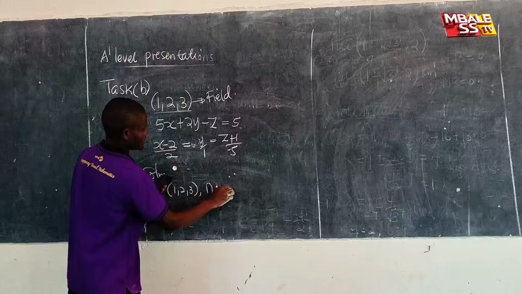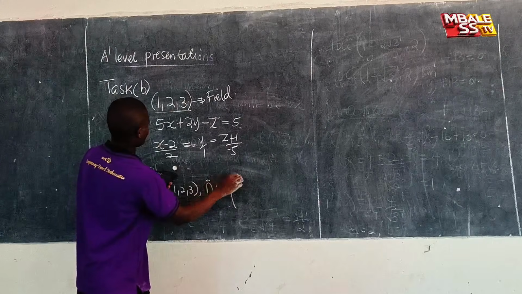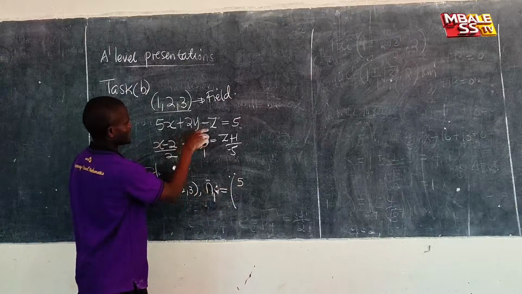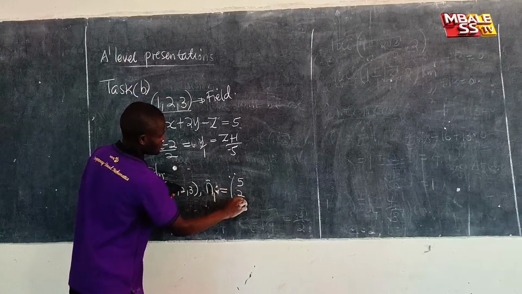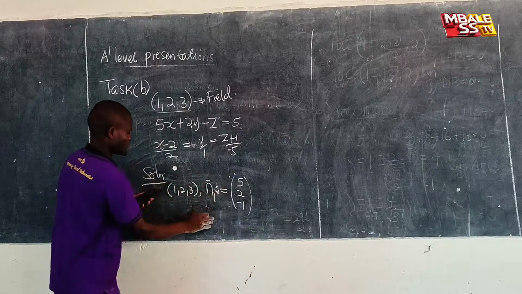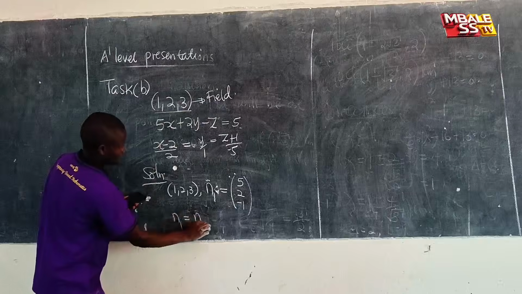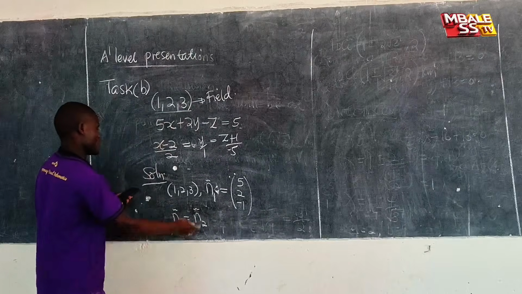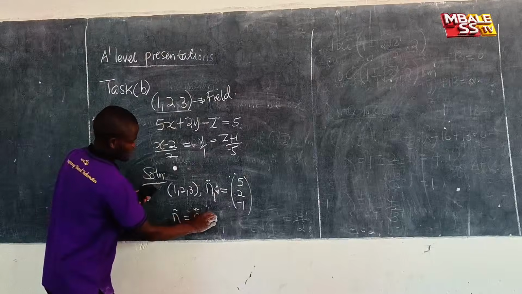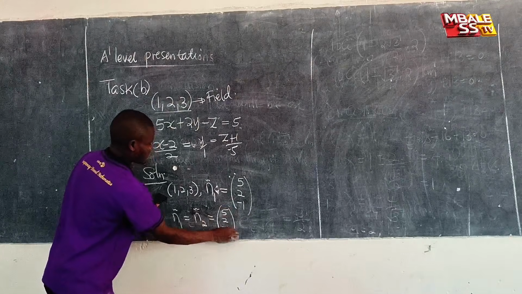So if n1 is the normal vector identified from the alternative plane, that will be the coefficients of x, y, and z. So that is 5, 2, negative 1. For parallel planes, their norms are equal, so n1 is equal to n2, meaning this one still shall be 5, 2, negative 1.